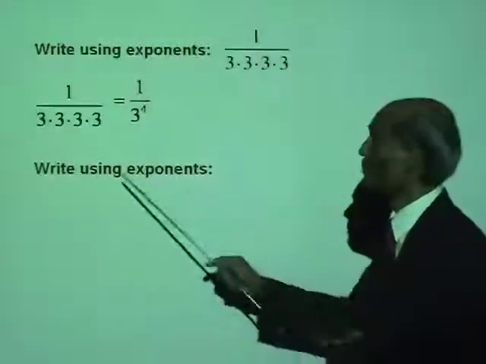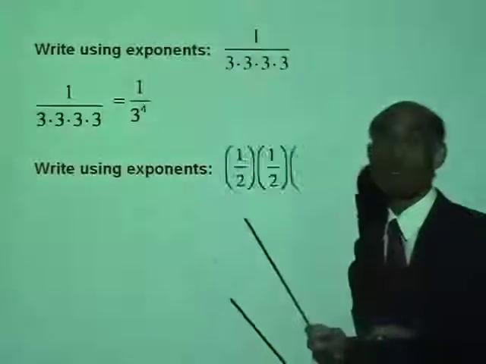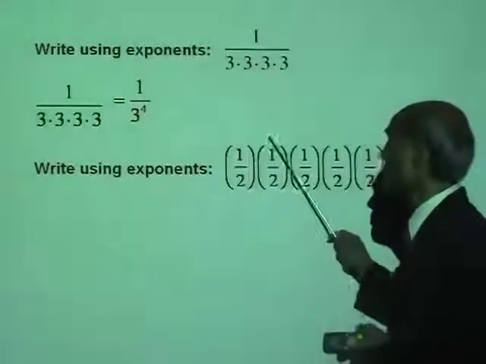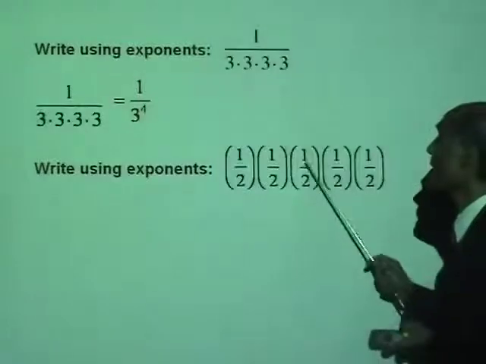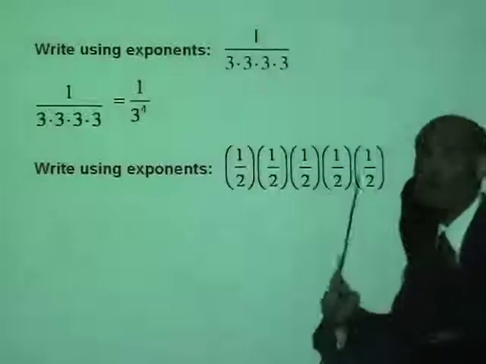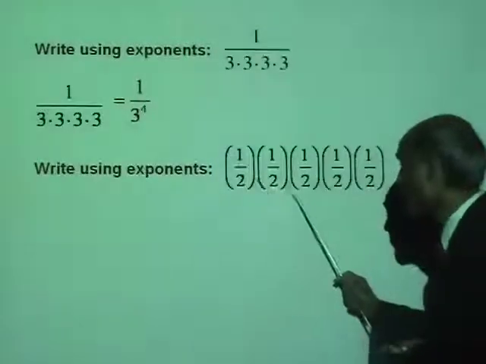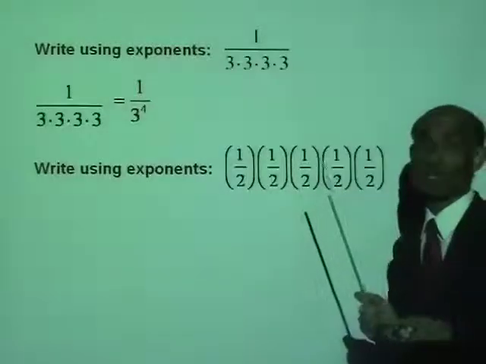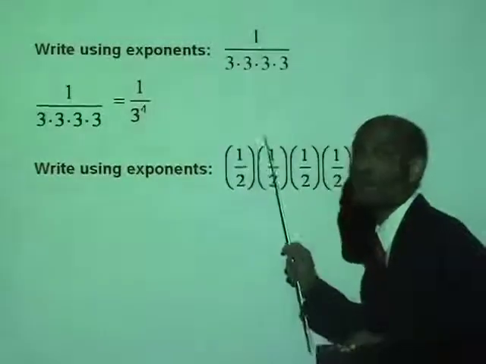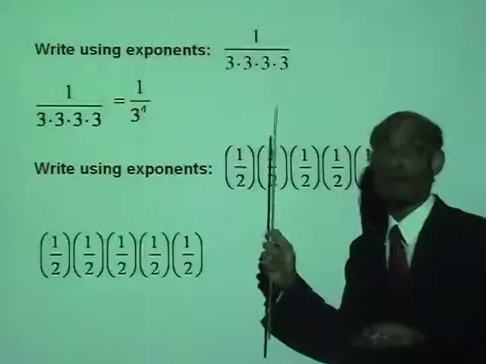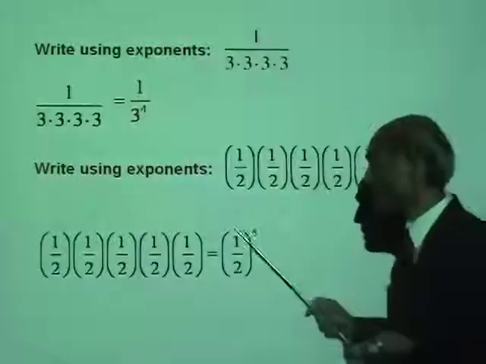Another one. Write using exponents 1/2 multiplied by 1/2, five times. How many times is 1/2 multiplied by itself? There are 5 times. So this is the same as 1 over 2 raised to the power of 5. Now look at the way we write it.